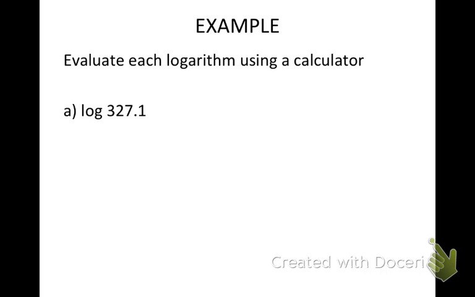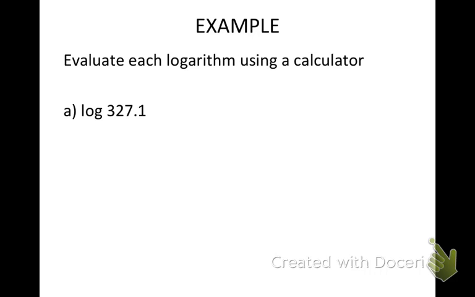So now what's going to happen is we're going to get to numbers that aren't so friendly. So here we have log. I assume that the base is what? 10. If it's not there, we assume it's 10 because that is our common log of 327.1. So whenever we are able to take something to the common log, we can use our technology and just evaluate it.